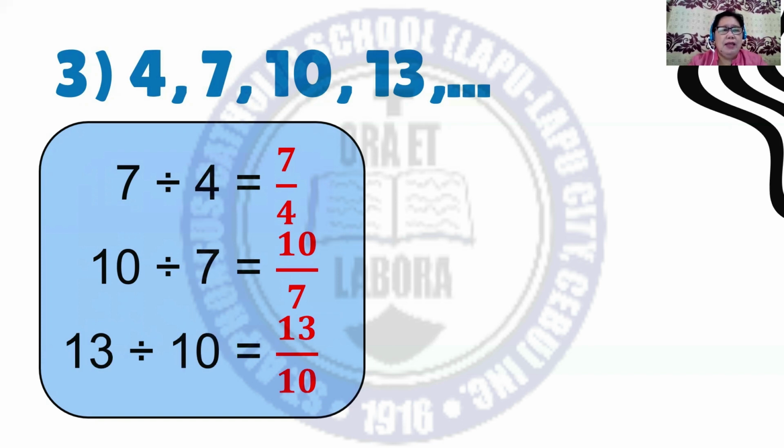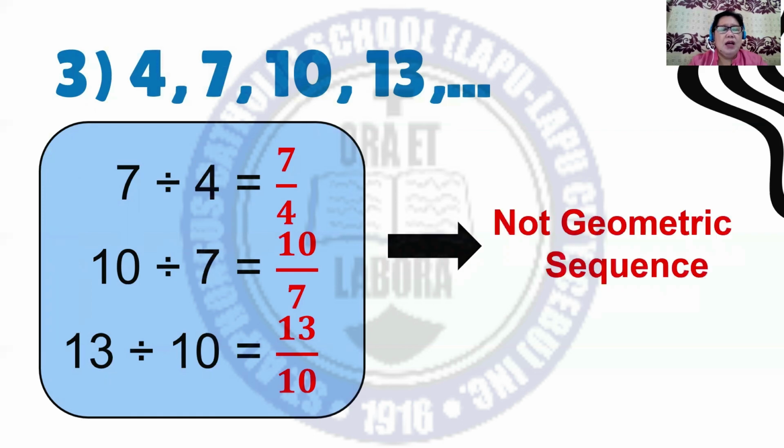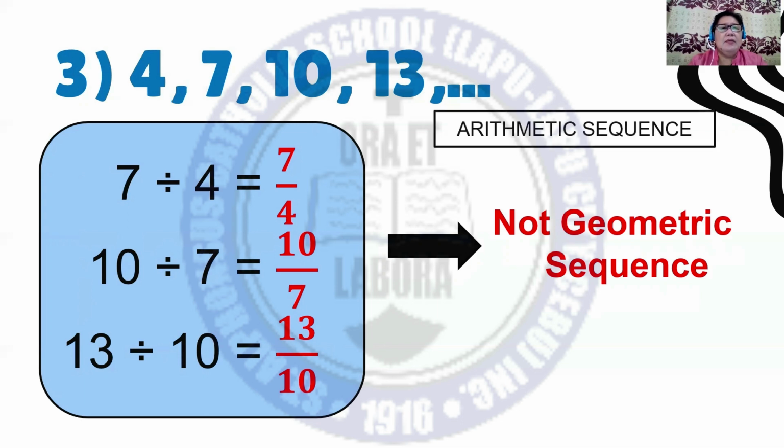So we cannot find a common ratio. Therefore, we consider this as not a geometric sequence. But this is an arithmetic sequence because we can have a common difference, which is 3.